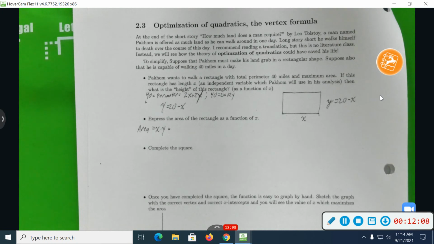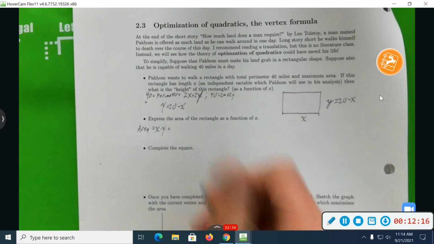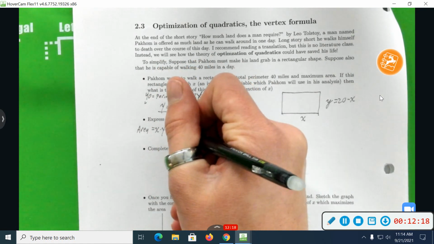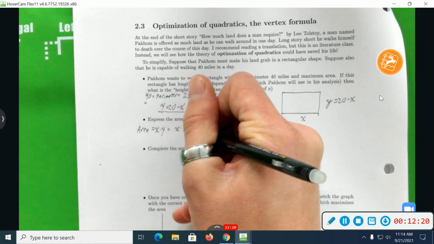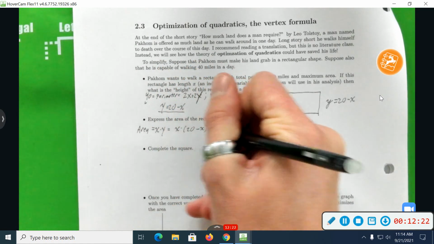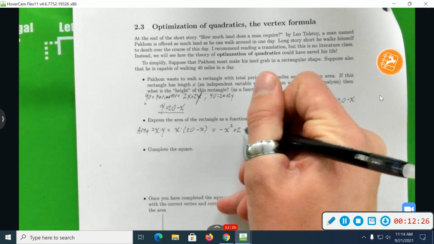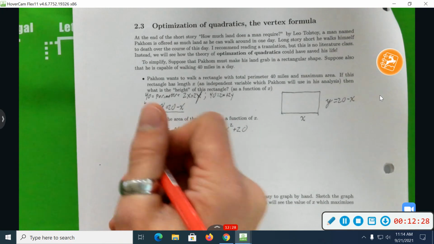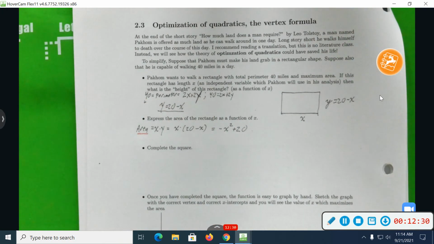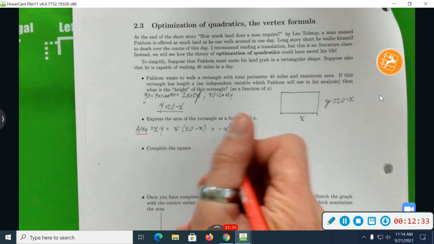You can't make x and y both be independently arbitrarily big. You have this perimeter constraint. So let's apply that. So there's the area, the thing I want to maximize. I have a formula for it.